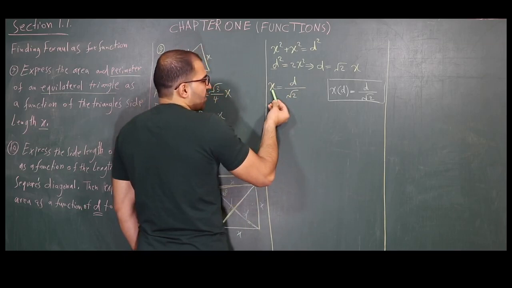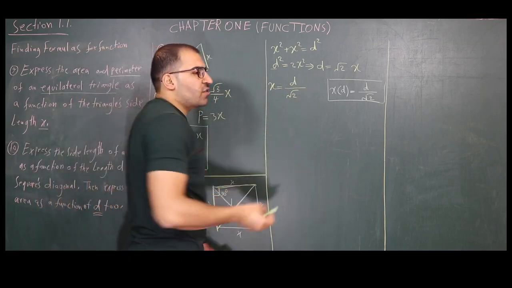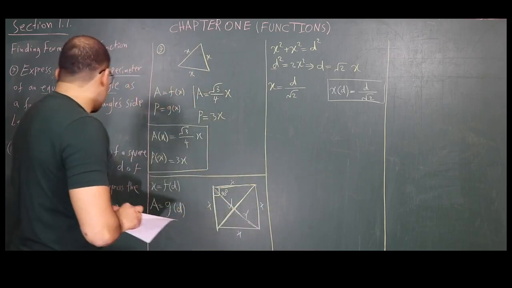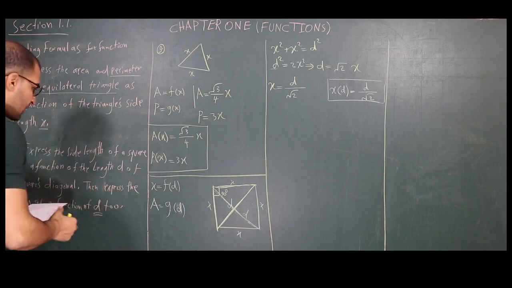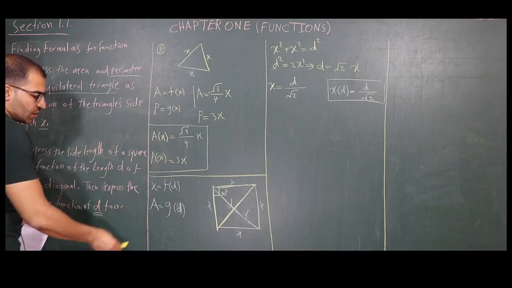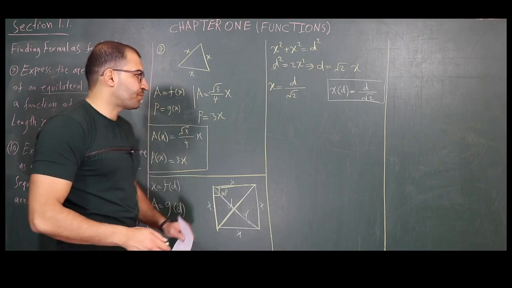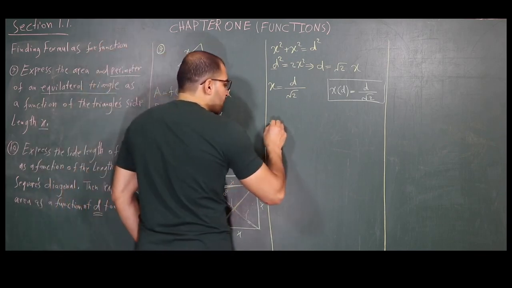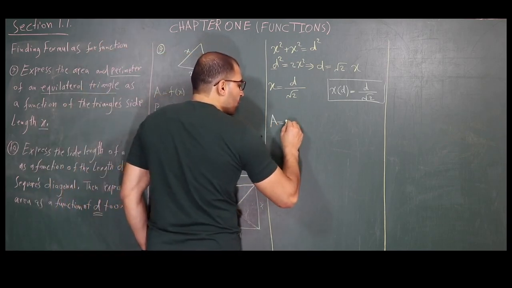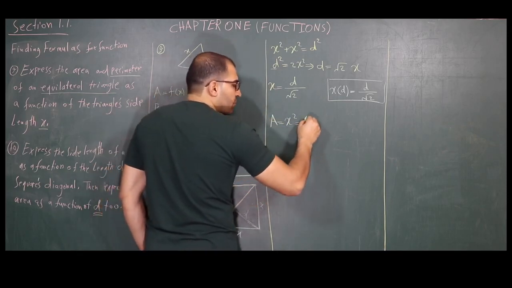So I expressed the side length x as a function that depends on D, which is the diagonal of the square. What I'm going to do right now is express the area of the square as a function of D. So A will be x squared, that means x multiplied by x.